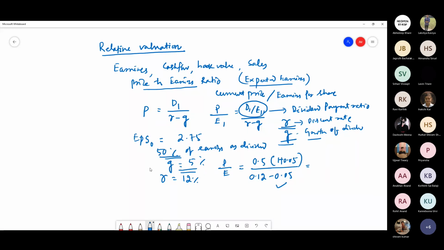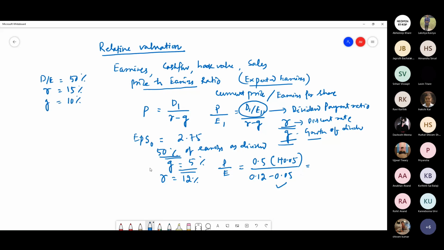So if there is a change in any one of the variables, this payout ratio is going to change. For example, let the dividend payout ratio be 50%, your R is equal to 15%, and let the growth rate be equal to 10%.